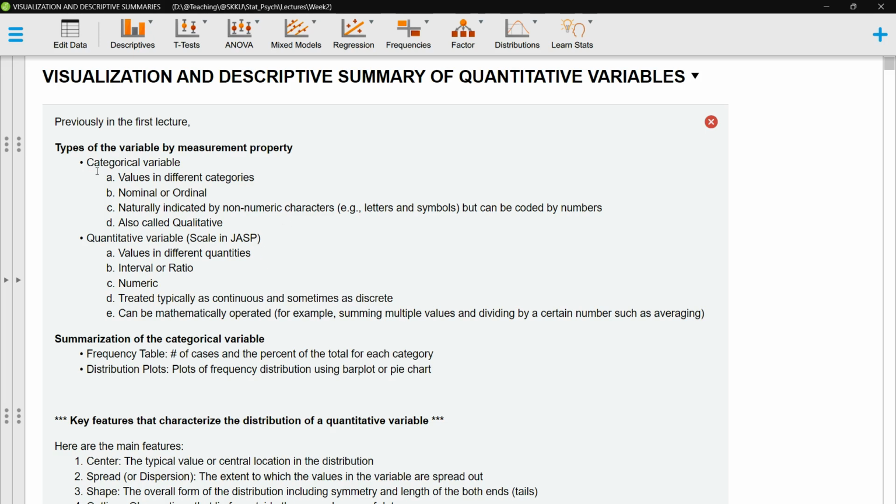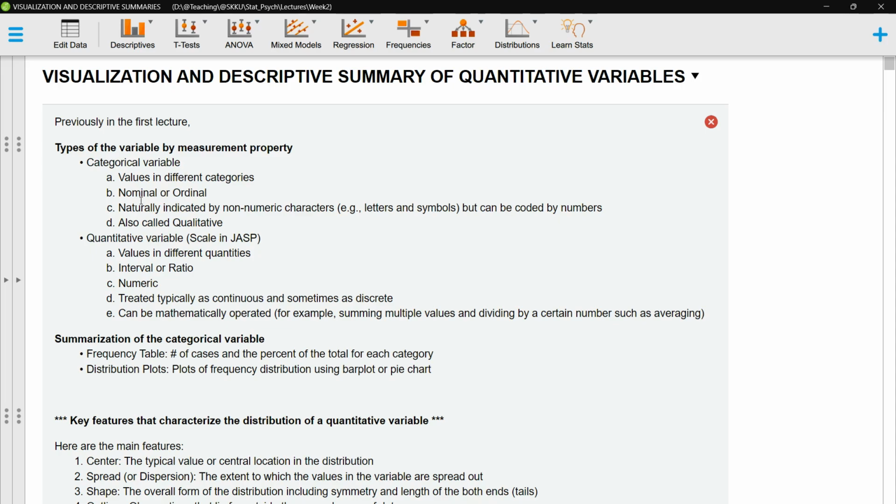And in case of the categorical variable, I'm talking about the nominal variable or ordinal variable. Nominal or ordinal variables have the values in different categories, so that's the reason why we call them categorical variables.